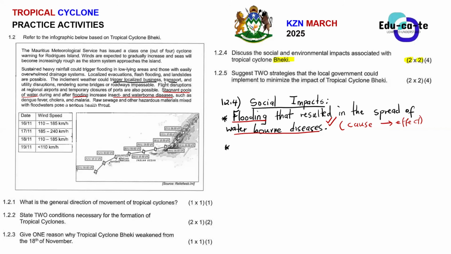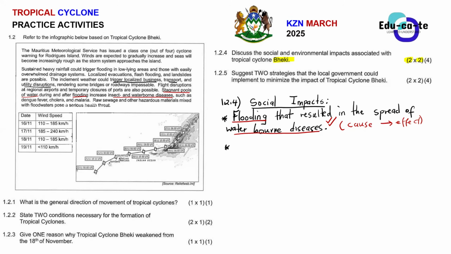Transport cannot move, it's kind of disrupted, and also there are utility disruptions, rendering some bridges or roadways impassable, and so on. So we've been told there's actually a disruption of business and transport as well as utility.